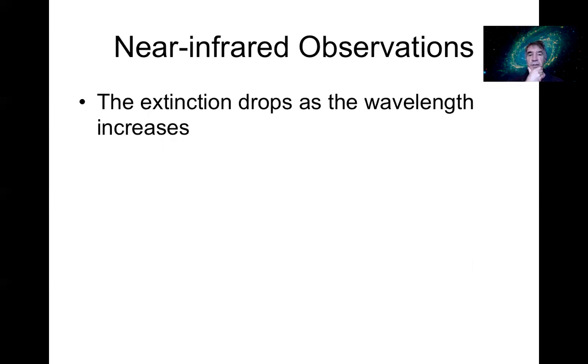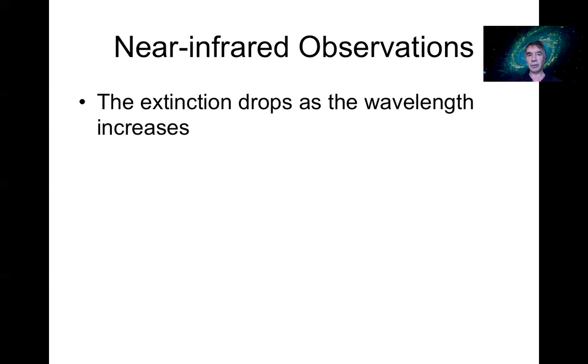Now there's a good reason for that. If we think back to the physics of how the radiation is interacting with the dust grains, recall that I mentioned that the largest size of the interstellar dust grains is about half a micron or 500 nanometers in size. That's typical of optical light, but as we go into the near infrared, we reach wavelengths of 1 or 2 microns.